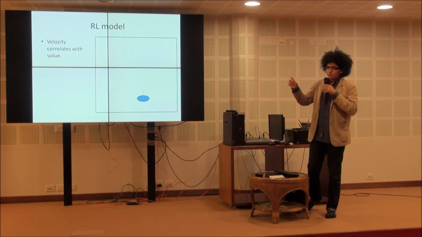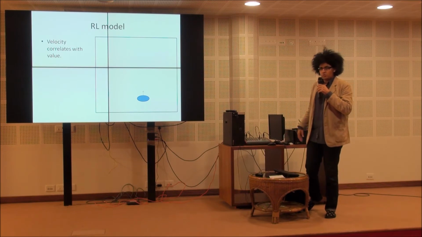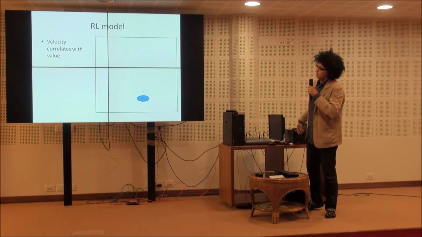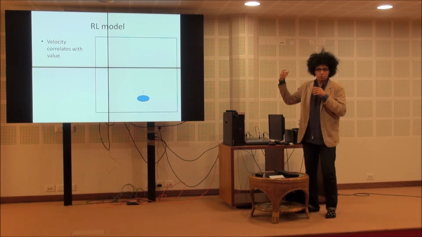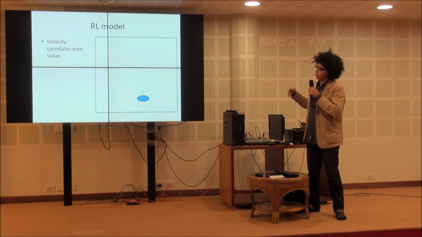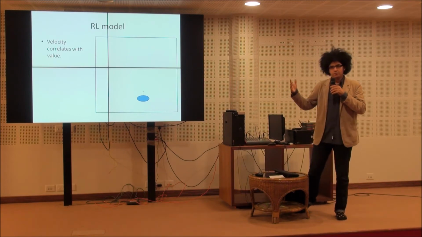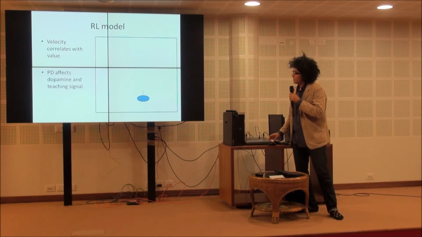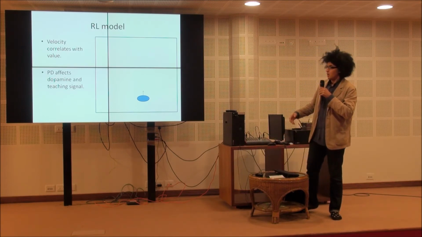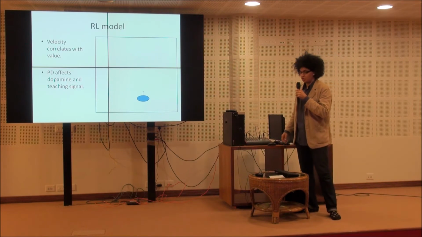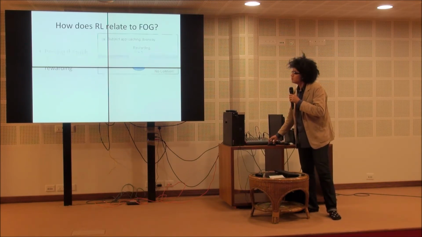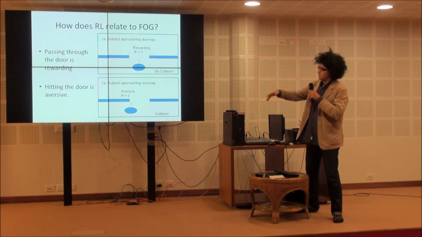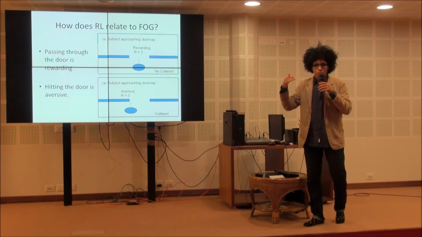Okay, so we tried to use a reinforcement learning model to understand this. We assume, with the same model I showed you earlier, that velocity equates with value. So you have the value of the entire space, you have Parkinson's affecting dopamine as the teaching signal, and you have an agent that tries to navigate through these different doors in the simulation.